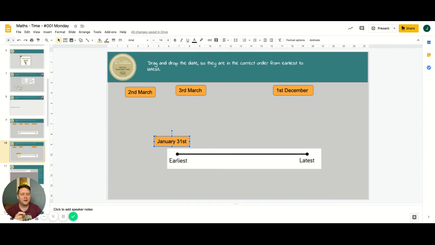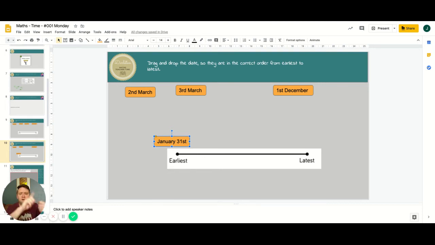That's a little bit of a trick, trying to confuse you slightly, because I've put the 31st there to see if you would go straight for the highest number. Bit mean of me, I suppose, but there we go. We need to be exposed to these tricky parts, don't we? So actually January the 31st is the earliest date on our timeline.